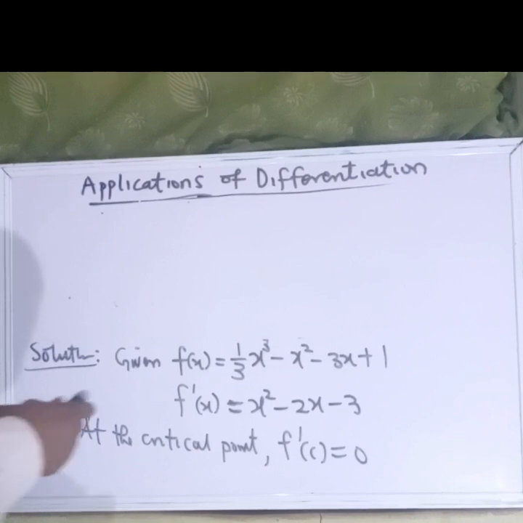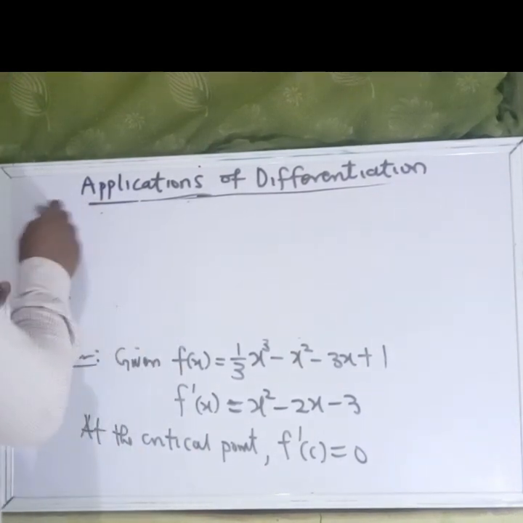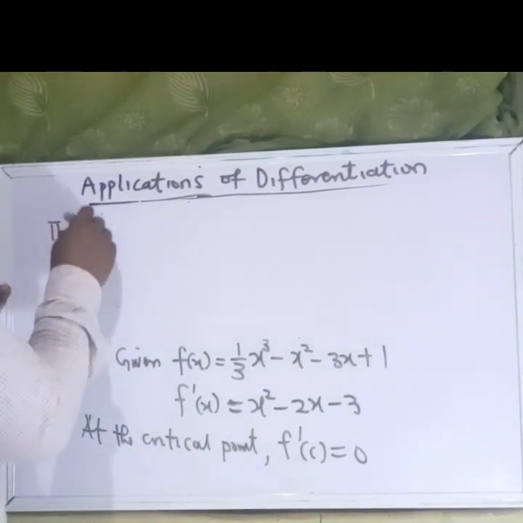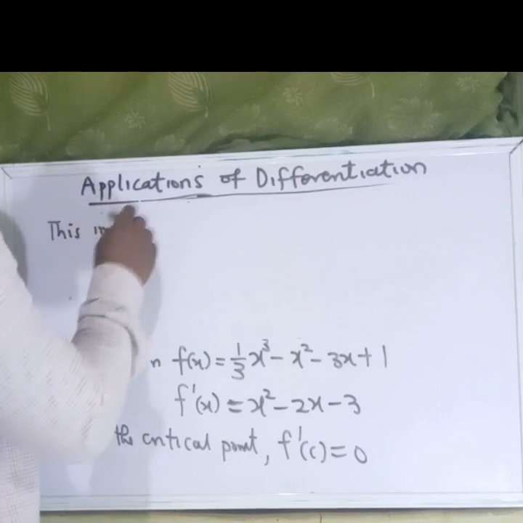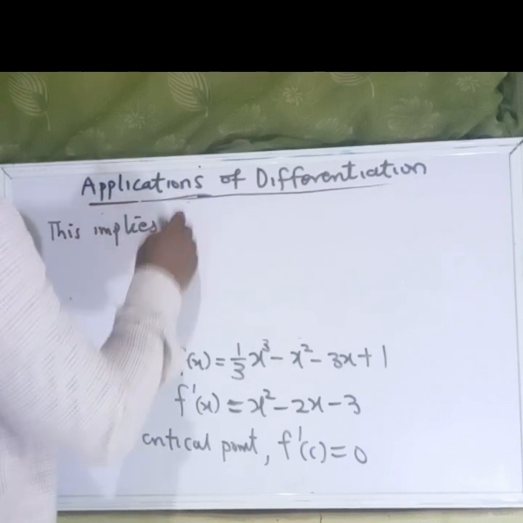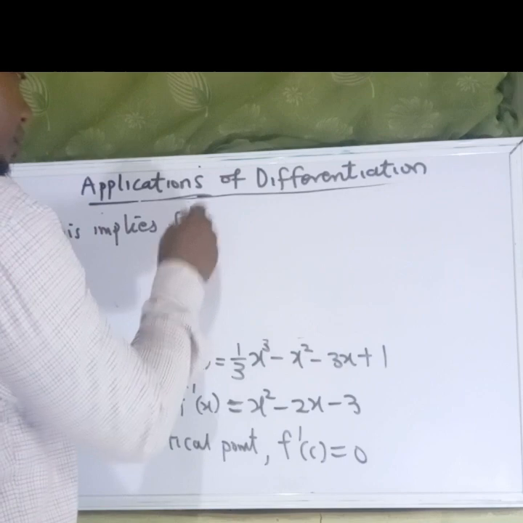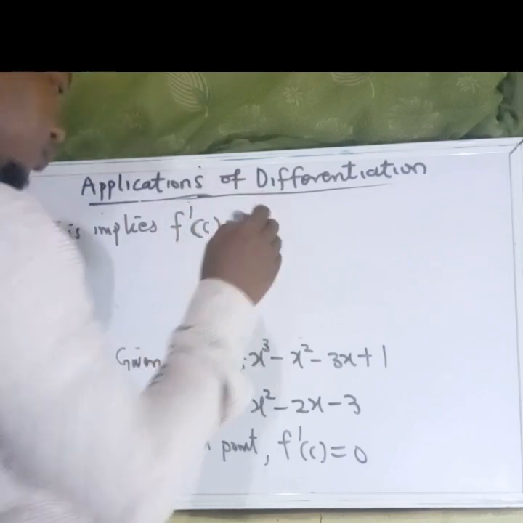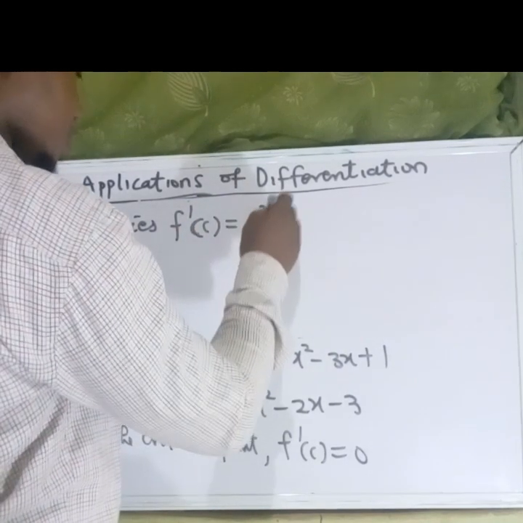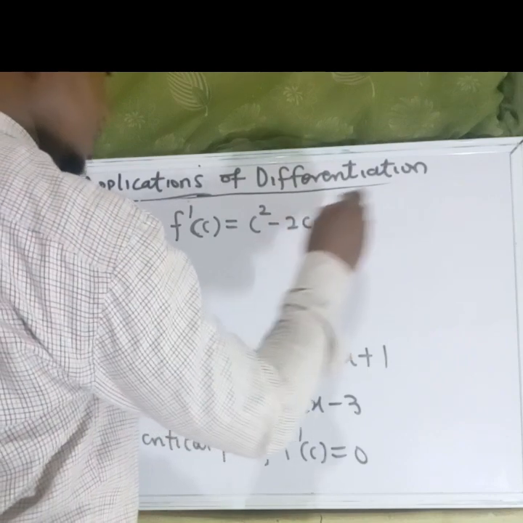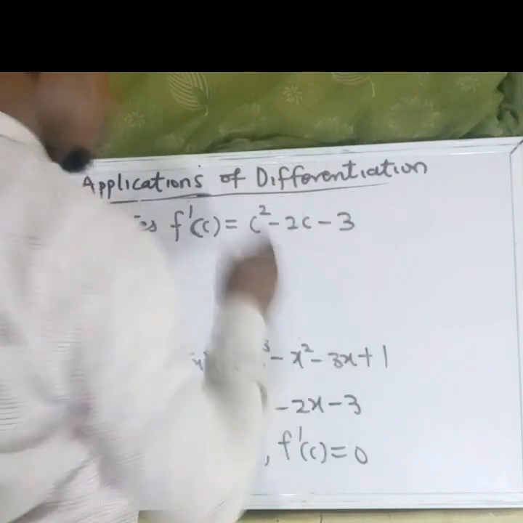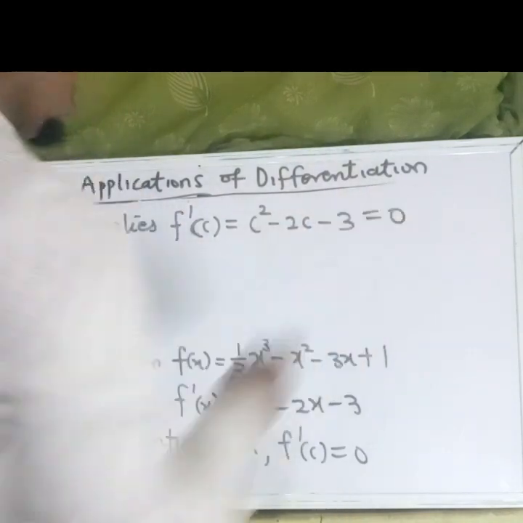So this implies f prime of c is equal to c squared minus 2c minus 3 equals 0.